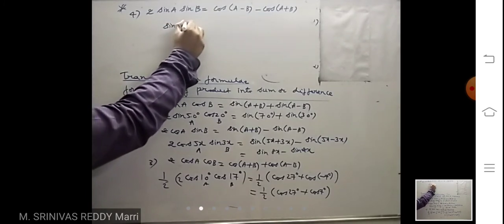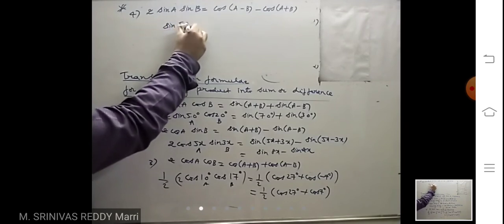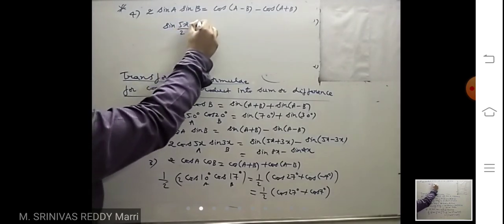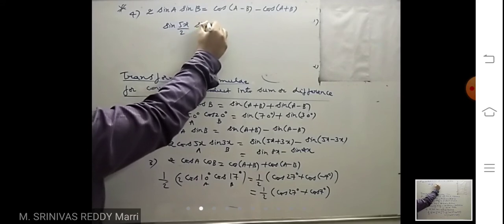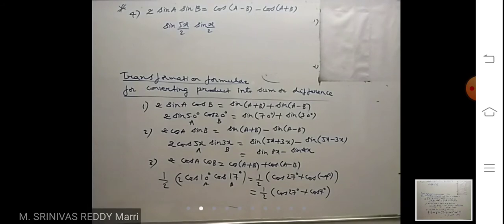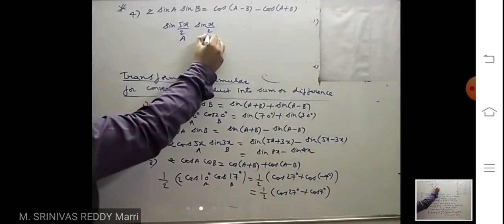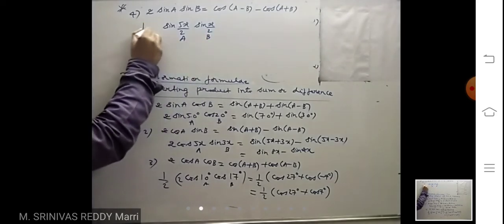Suppose take an example. Sin 5x by 2 into sin x by 2. Like this it is there. So one angle is A, A is 5x by 2 and B is x by 2.